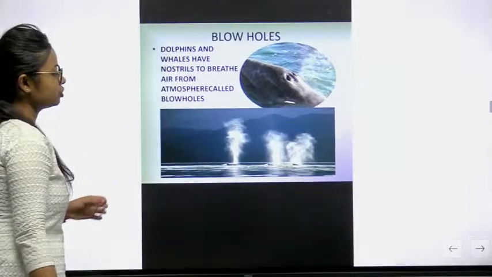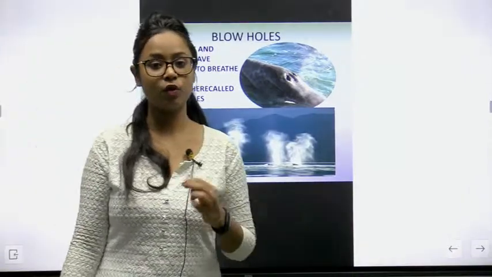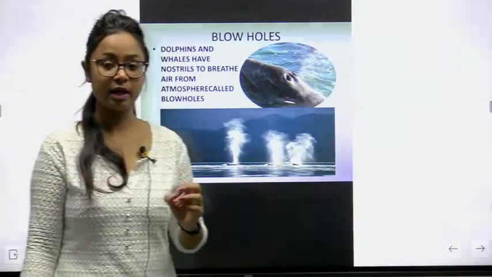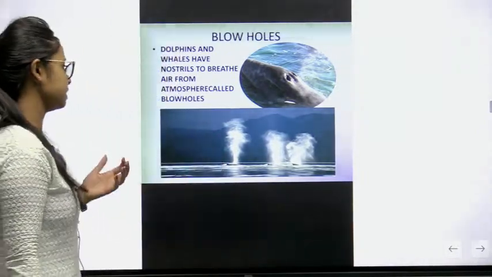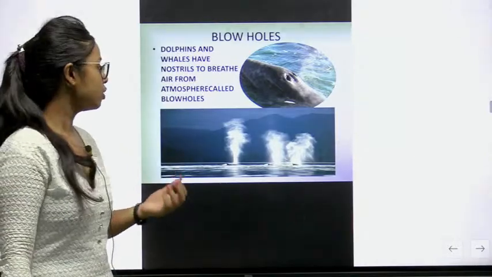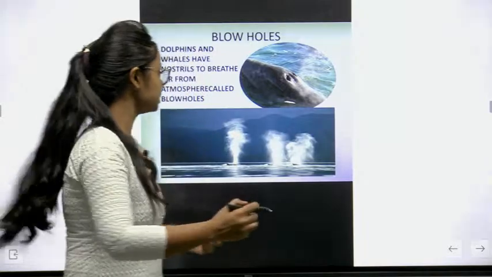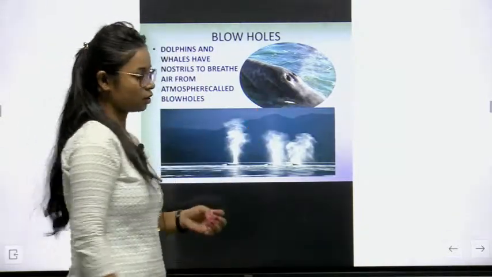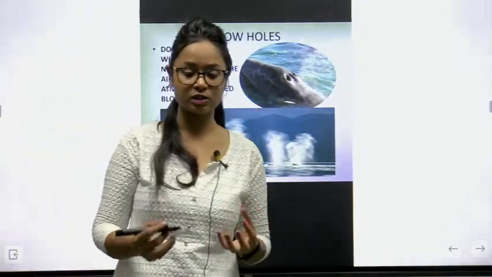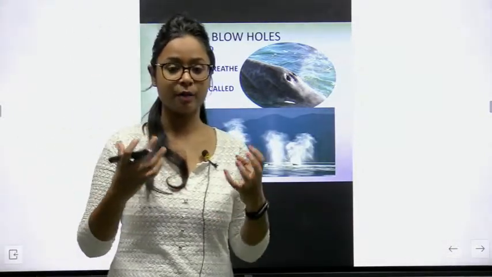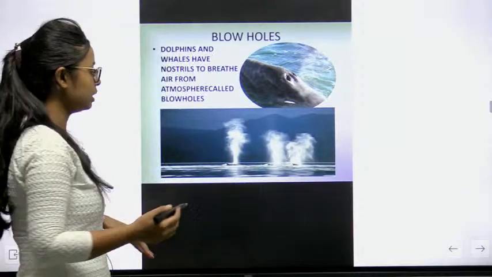If we talk about sharks and dolphins, now they don't have gills. They respire through their nostrils, meaning they have lungs in their body. Now nostrils are present on their head. You can see in this picture, the nostrils are present on their head. What they do, they just come out of the water, take a breath and go down in the water.